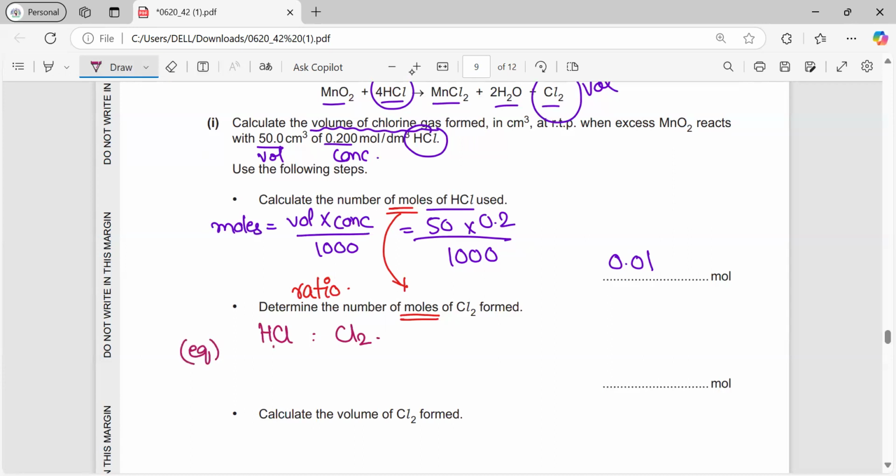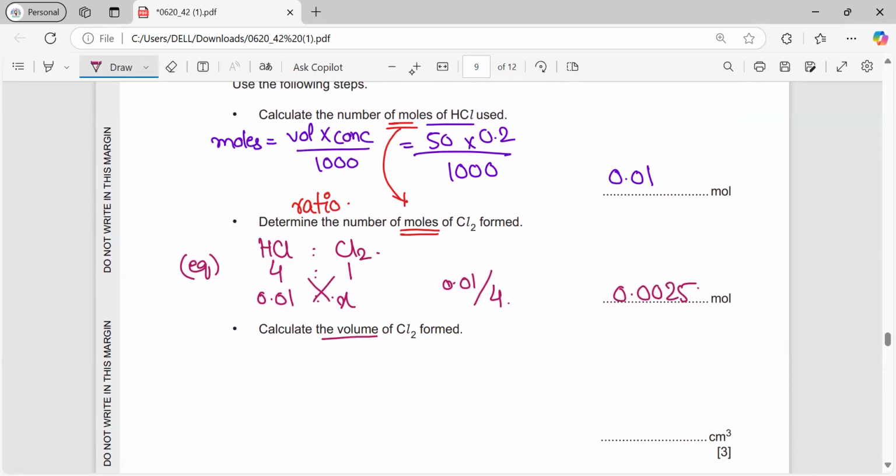In the equation, HCl is 4 and chlorine is 1. So in the balanced chemical equation, the ratio is 4:1. So if 4 is giving 1, then 0.01 will give how much? We'll do the cross multiplication. It will be 0.01 divided by 4, which comes out to be 0.0025.